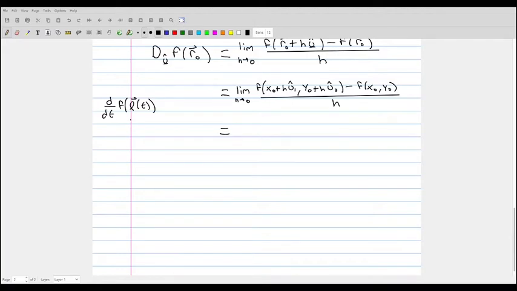This is exactly what this is, only it's evaluated at t equals 0, because t equals 0 gives you the point r naught. L of 0 is just r naught plus 0 times u hat, which is equal to r naught. So because of that, the derivative of this composition is exactly what this limit is.